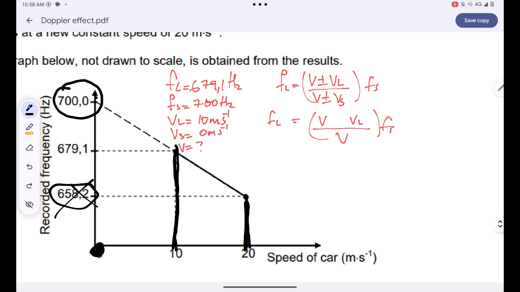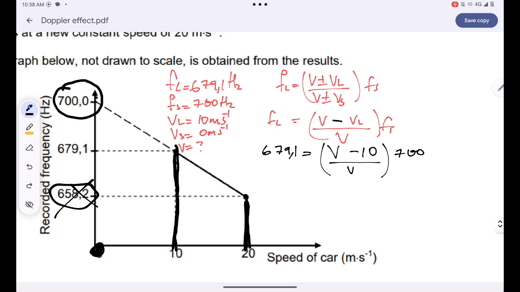So if the listener is moving away from the source, I'll simply put a minus over there. Are we together? So the frequency of the listener is simply 679.1 equals v minus 10 meters per second all over v, multiplied by the frequency of the source, which is 700.